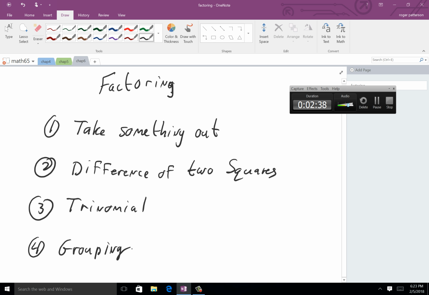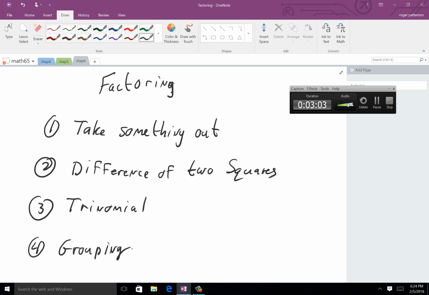So each one of these is going to apply to a certain situation, or a certain polynomial that we're going to factor. All right, so take something out, difference of two squares, trinomial, and grouping. That's the strategy. As we go through this stuff this week, I'm going to say, okay, here's a polynomial, we've got to factor it.